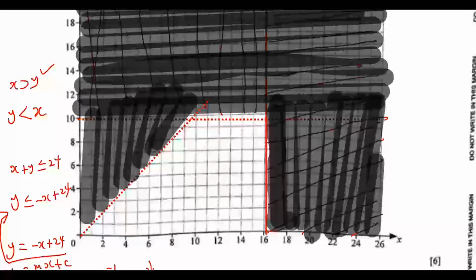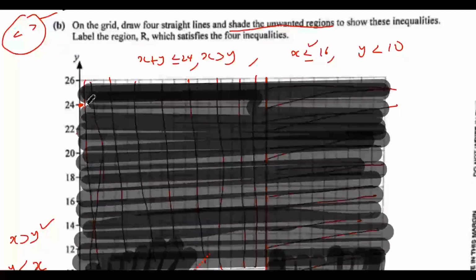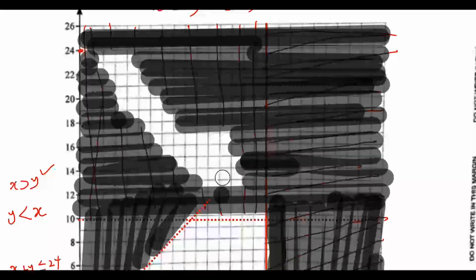From 24, let's take a step here, then a step here. Let me do that manually, then I'll show you the results. Instead of that, I think I can just open this place a little bit, then when I'm done I can shade it. So I think this will be better.